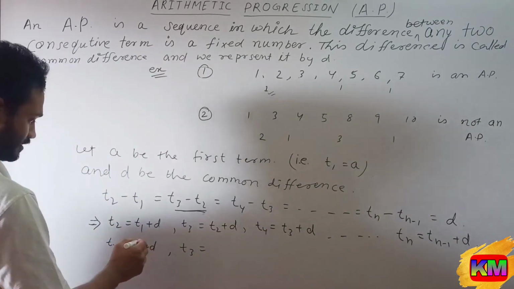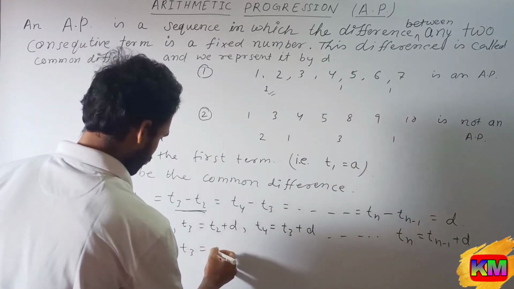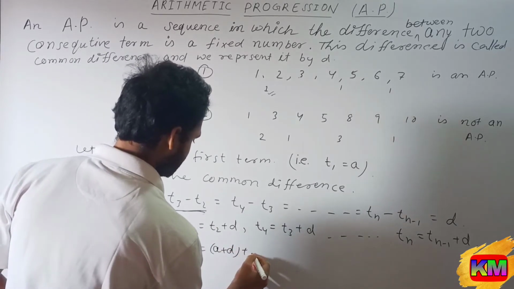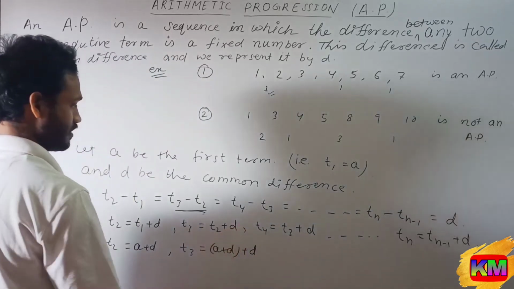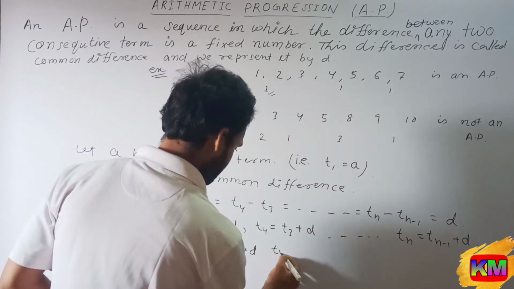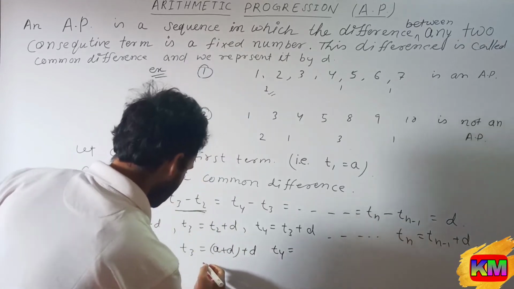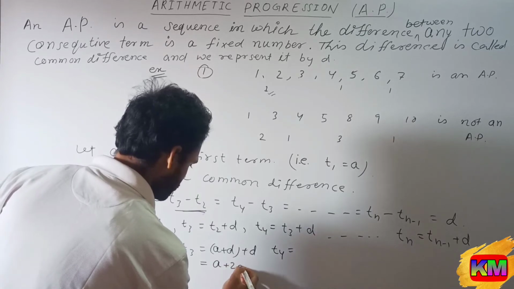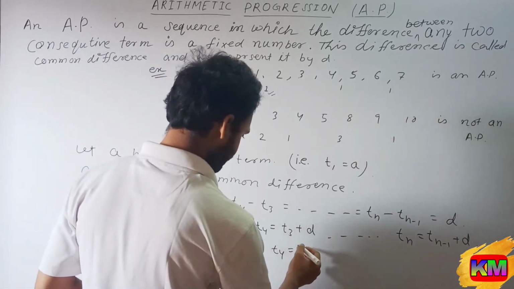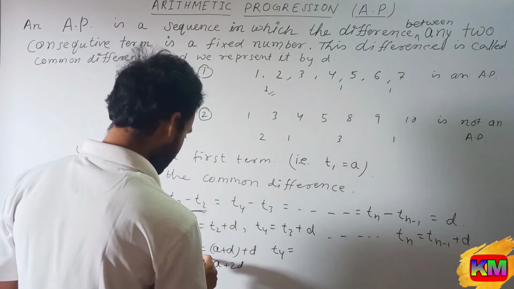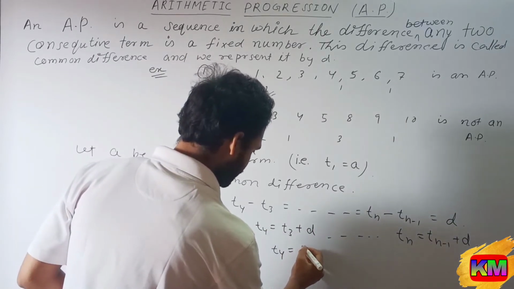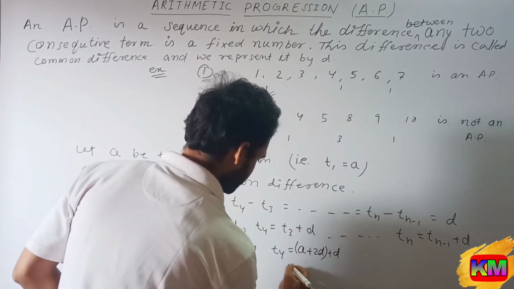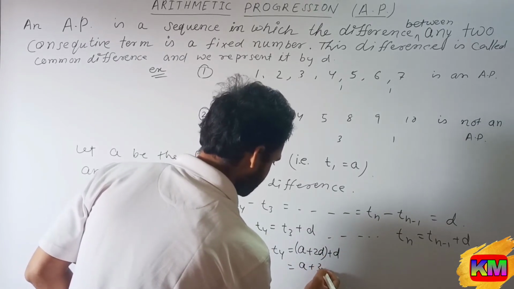So we will write A plus d in place of T2, and plus d for this d, so we get A plus 2d. T4 equals T3 plus d. Now T3 equals A plus 2d, so it will be A plus 2d plus d, which equals A plus 3d.